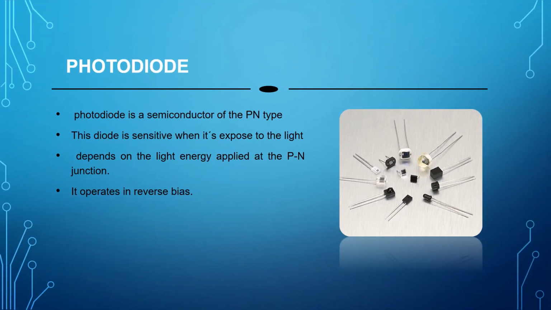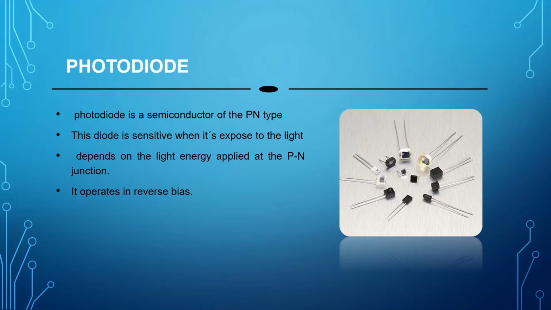Our second diode is the photodiode. It's a semiconductor of the PN type, which is sensitive when exposed to a direct source of visible or infrared light. It could be considered that a photodiode is a combination of a common diode and a photoresistor or LDR. And just like the common diode, it has its polarization.